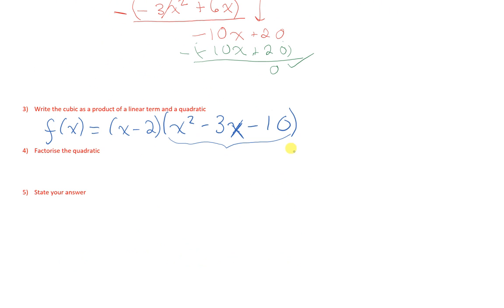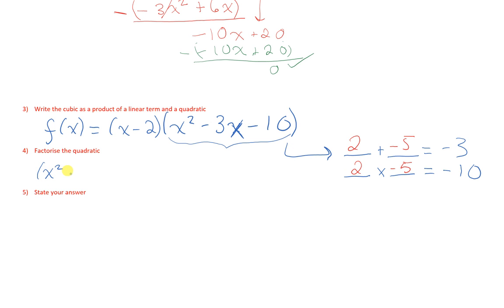Hopefully you've had lots of practice factorizing quadratics. This is a monic quadratic, so I can just ask myself, well, what two numbers add up to negative 3 and have a product of negative 10? Luckily there aren't too many things that multiply to 10. 2 and negative 5 will do the trick. So that's me factorizing the quadratic.